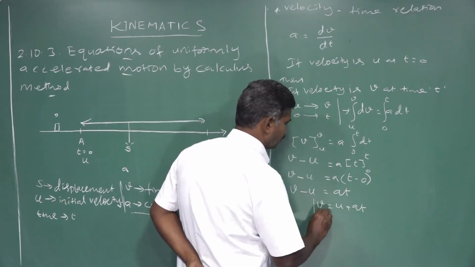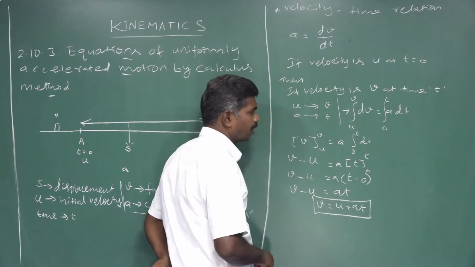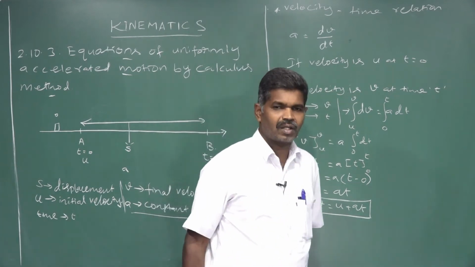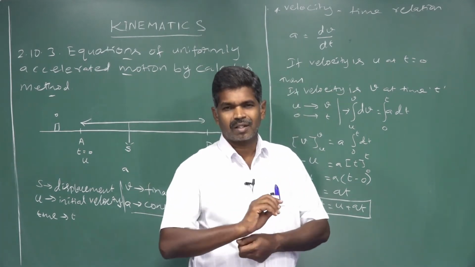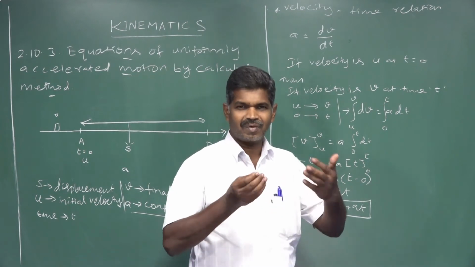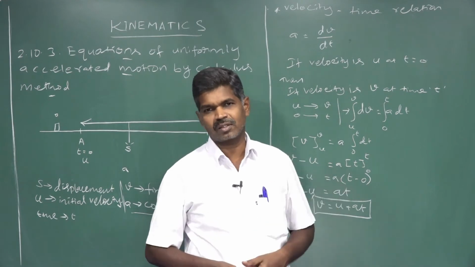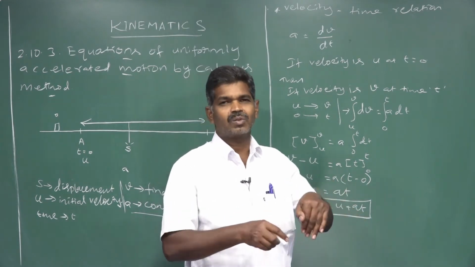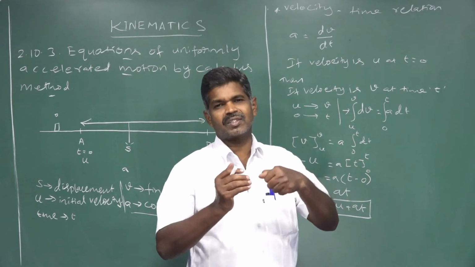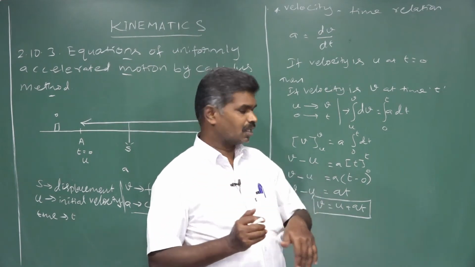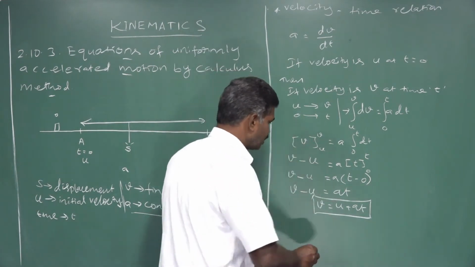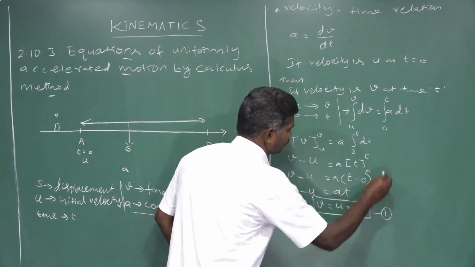This is the first equation of motion. By the calculus method we are deriving. Any other method we have, we have a graphical method also, that is in our lower sections. But here, we are using the calculus method, differential calculus and integral calculus. So this is the first equation.